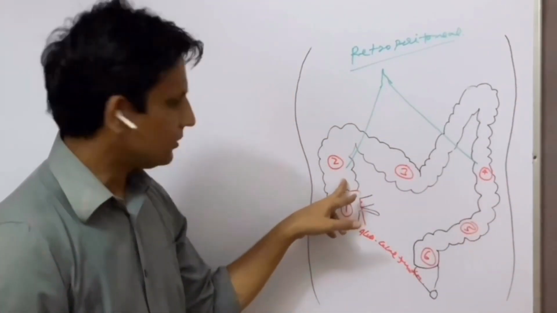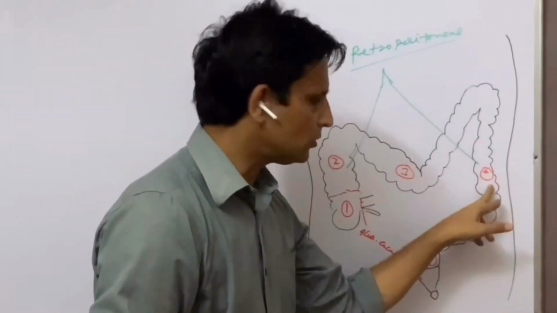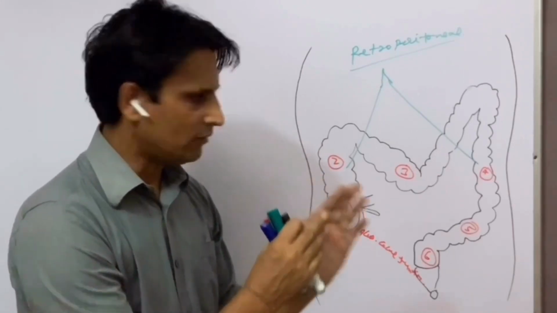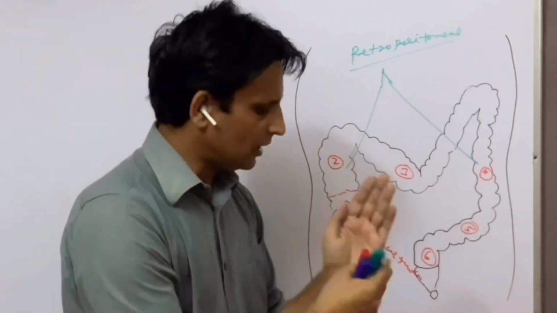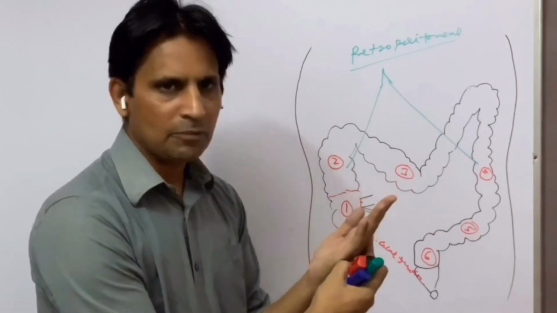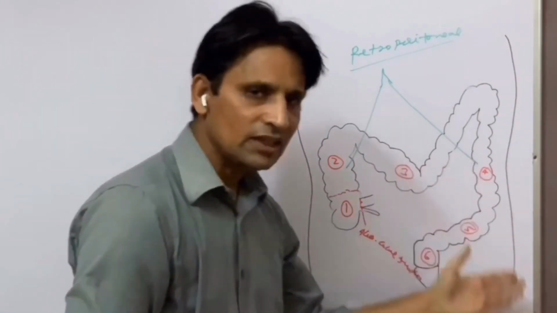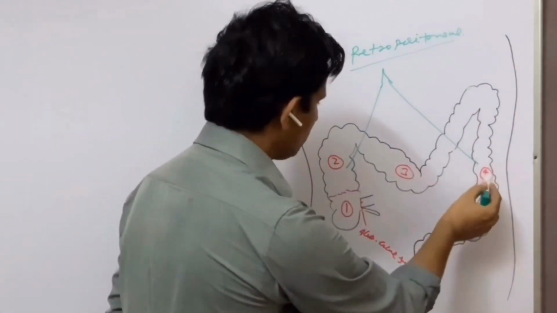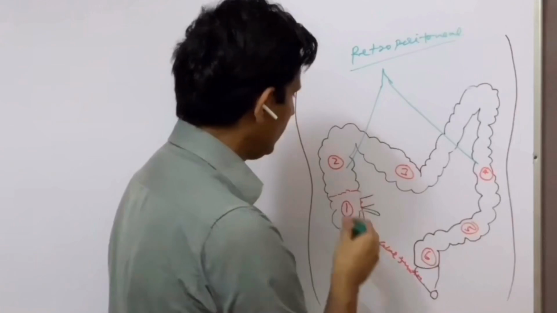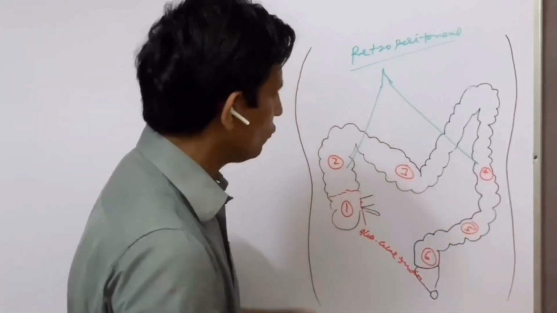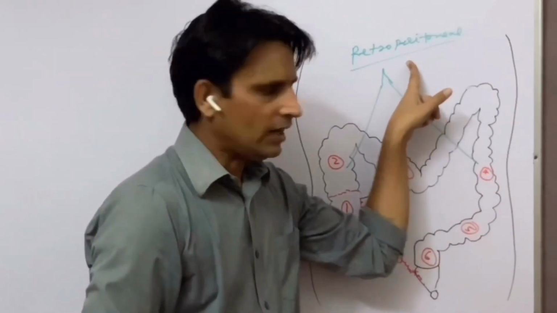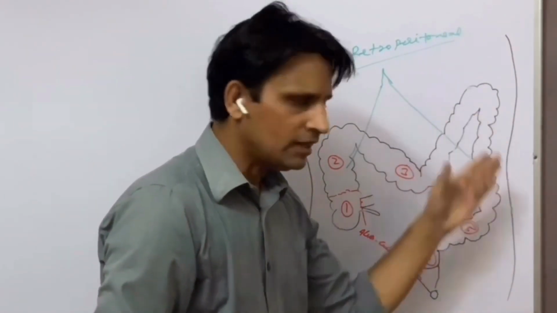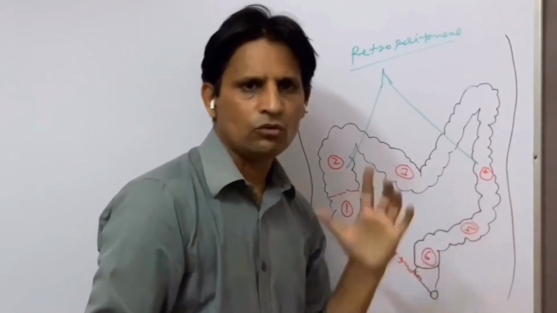So you can say the peritoneum covers these parts anteriorly and by the sides, right? And the posterior part is just behind the posterior abdominal wall. So these two parts, marked with number 2 and number 4, the ascending colon and descending colon, are retroperitoneal, and peritoneum covers the anterior aspect of these two, right?